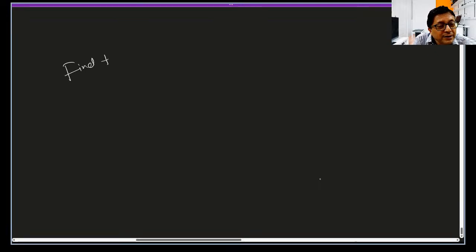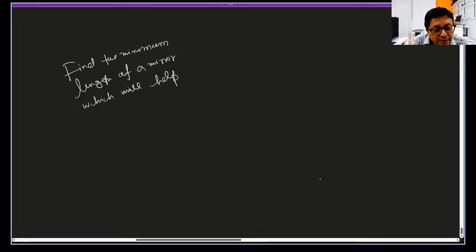Find the minimum length of a mirror which will help you to see the full image of you.